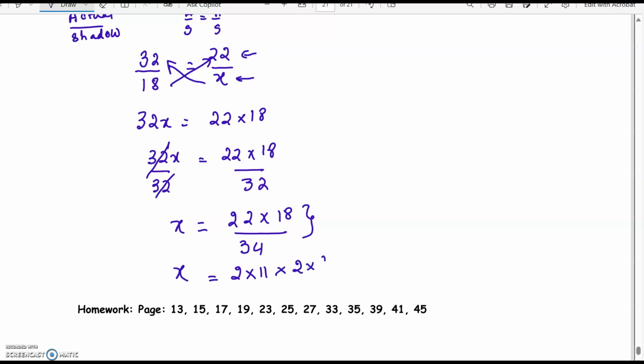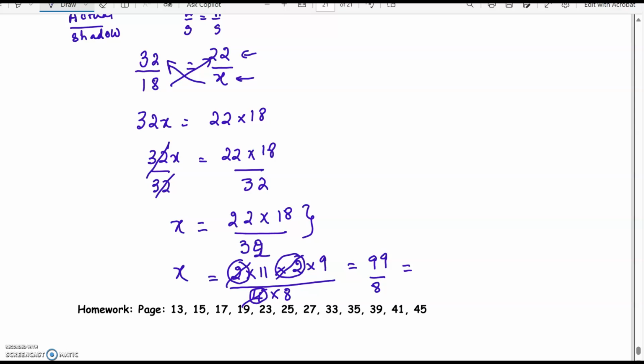I'm sorry, that's a 32, not a 34. So that would be 4 8s are 32. Now 2 times 2 is 4. So I can cancel 2 2's with a single 4 in the denominator, and we get 99 over 8.